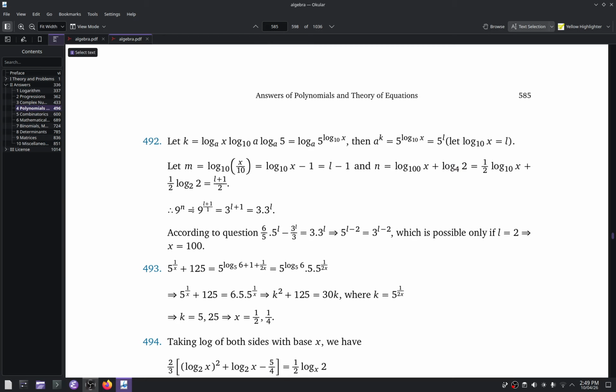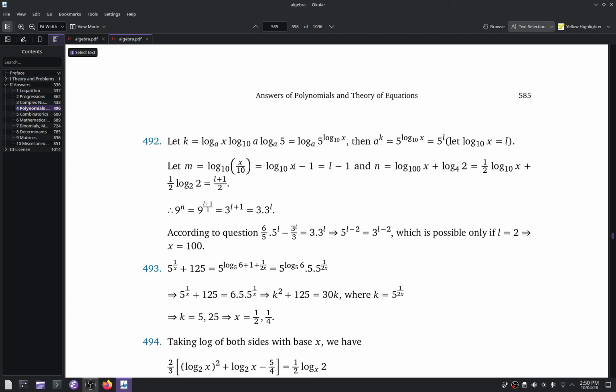Now that means our right hand side, if you see, is L plus 1 by 2. This is not 1, this is 2. That's a typing mistake. So L plus 1 by 2, when you have 9, that will be 3 to the power L plus 1, because it will be multiplied by 2 since 9 is 3 square. So this is 3 into 3 to the power L.